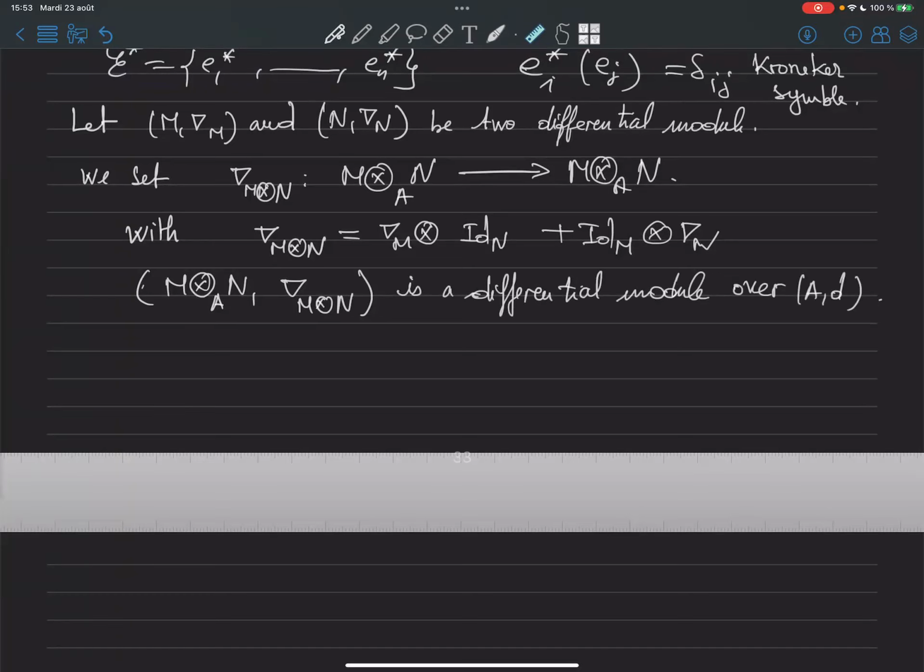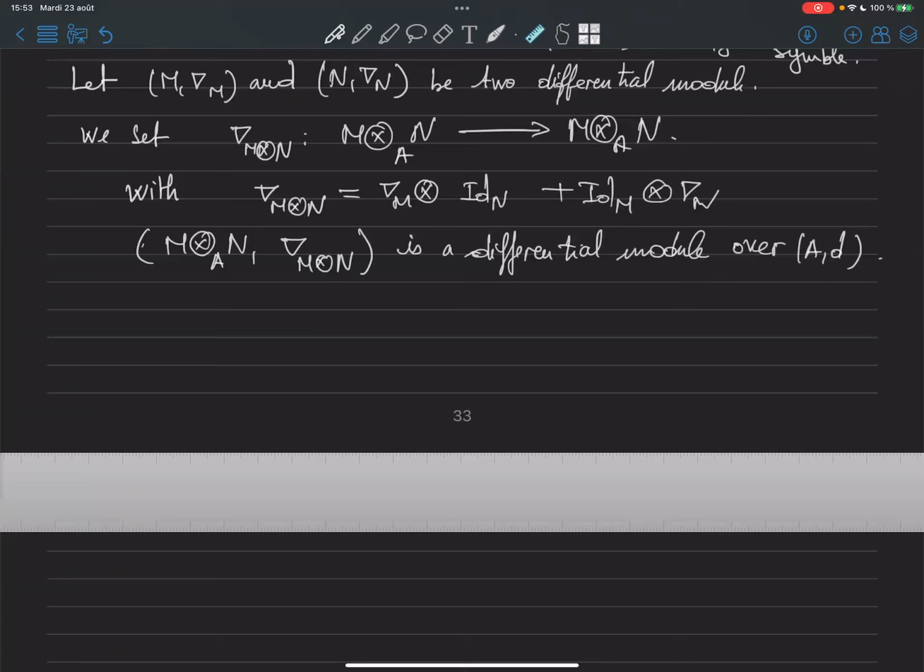Now we will consider an extension of a differential ring.